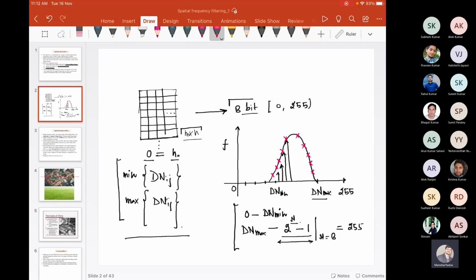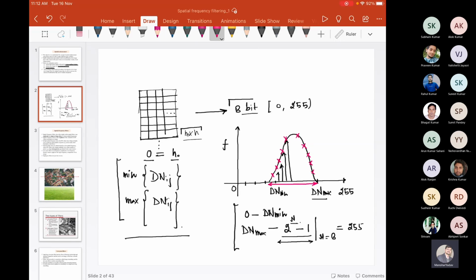Once you interpolate it, you will get a frequency distribution function, a PDF, over here. So what happens if, in the given image, only this range is utilized?